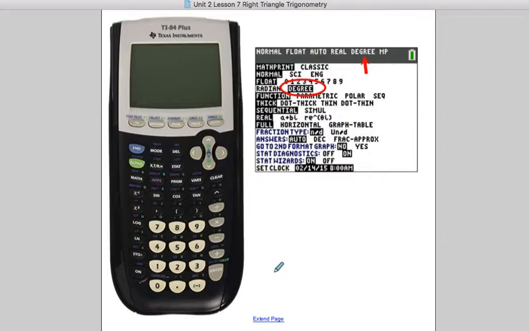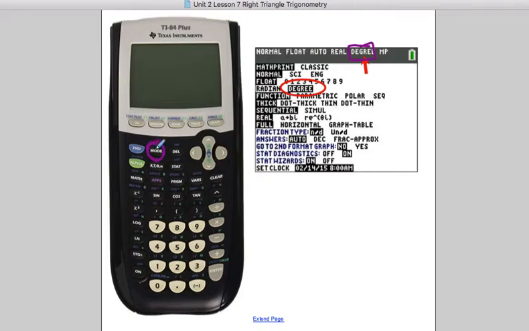Okay. For today's lesson, you're going to want to grab your graphing calculator. So if you haven't, pause the video, go grab your calculator, and then come back. Hopefully you took a second and grabbed it. On your calculator, you should confirm before I move any further that your mode is in degrees. So hit mode. If you have a newer calculator, you can also look at the top of the screen and it probably already says degree at top, but if it says radian, you need to change it into degree.